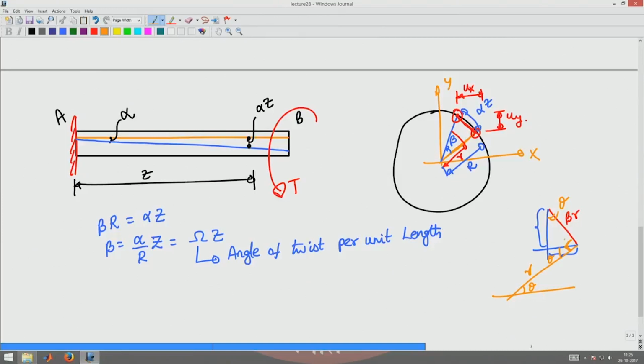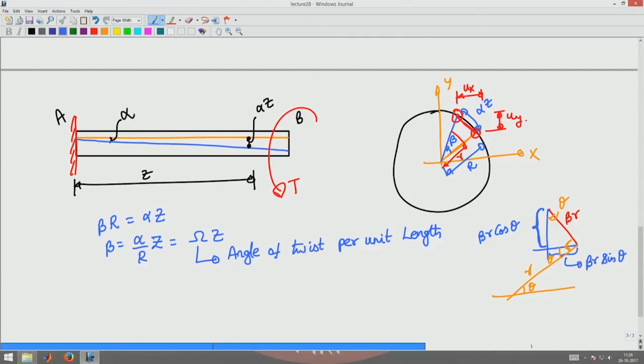This angle will be 90 minus theta and that angle will be theta. So this distance here would be beta r into cos theta, and this distance here would be beta r into sine theta.